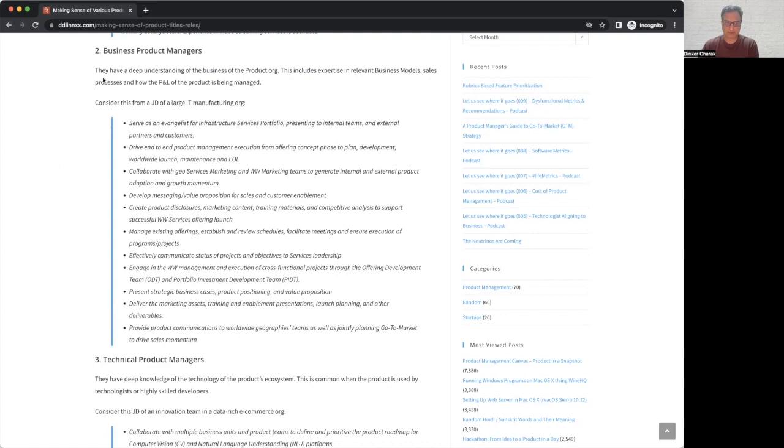This is something very common I have seen in enterprise product managers. They're also talking about effective communication with internal stakeholders, and presenting strategic business cases, product positioning, and value propositions to internal and external stakeholders.